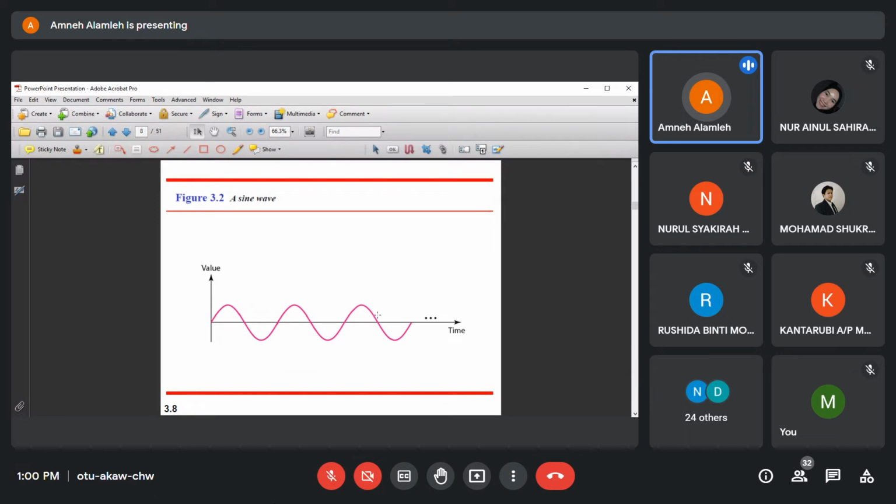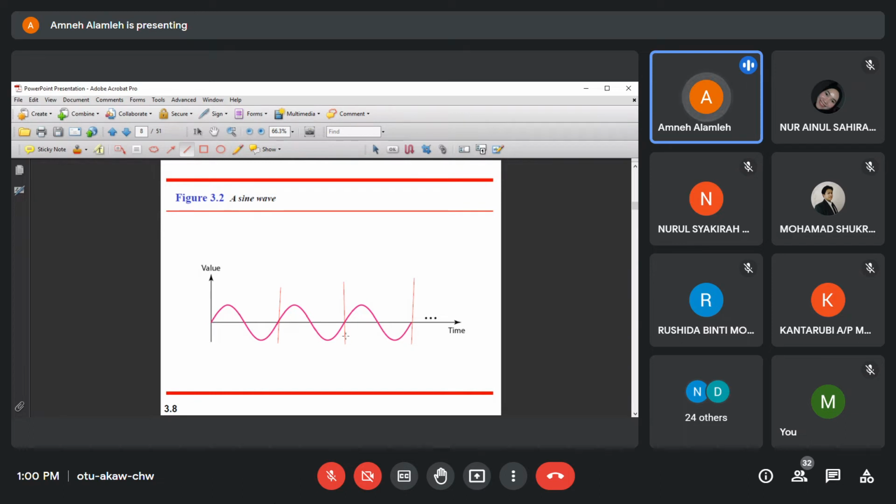This is the sine wave. This one is a composite. Each one is a simple sine wave. So this one is one signal, this is another signal, and this is another wave.